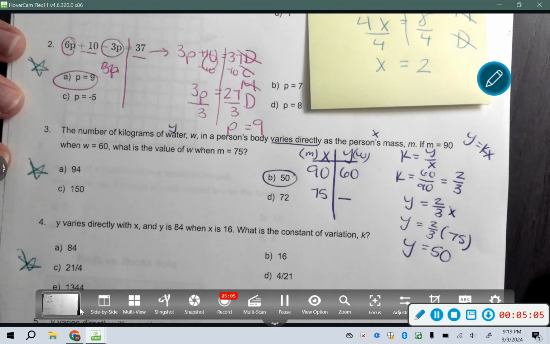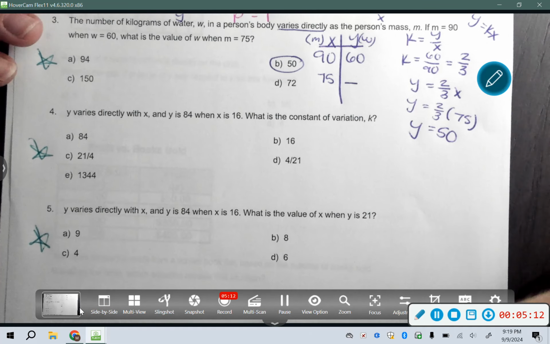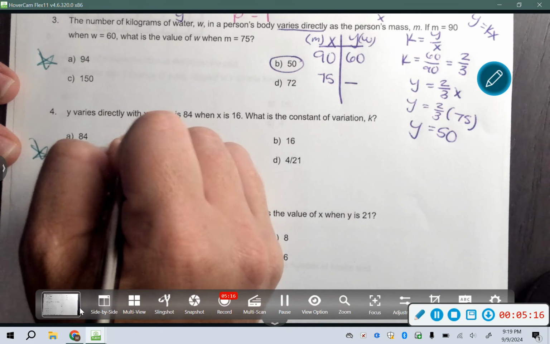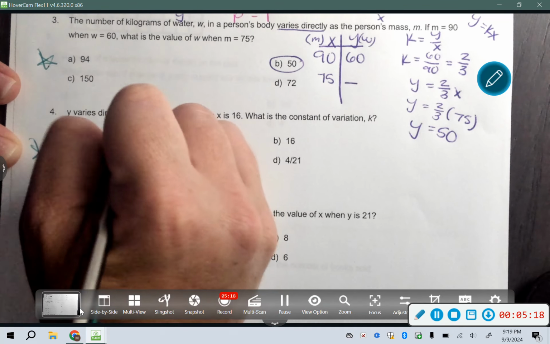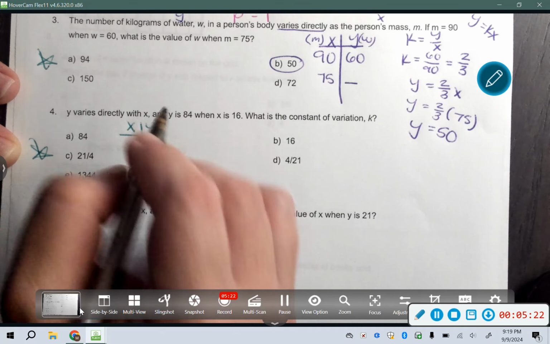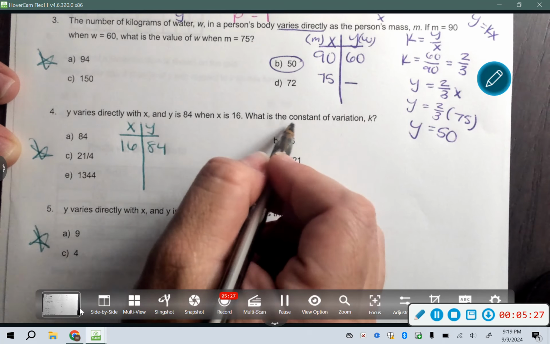So now if we look at number 4, it's the exact same concept, except this time it tells me X and Y. I don't have to worry about words or any of that. So we're going to build our table. It says Y varies directly with X, and Y is 84 when X is 16. What is the constant of variation?